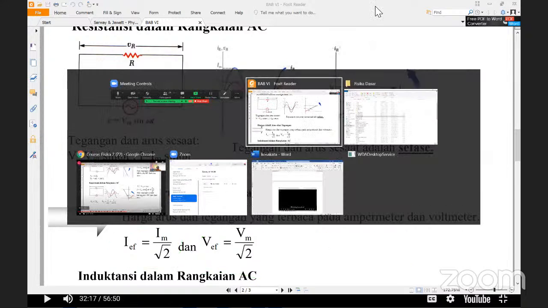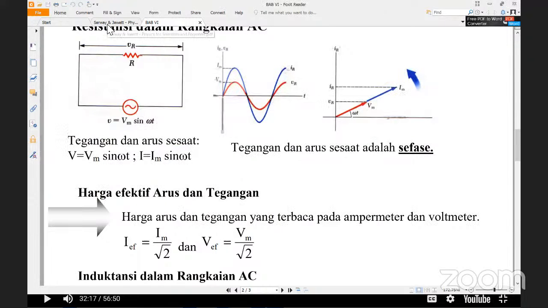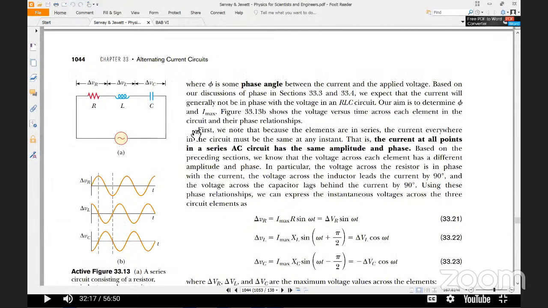Now, next, back to the survey book. Now you see here is the comparison of VR, VL, and VC in a series circuit.